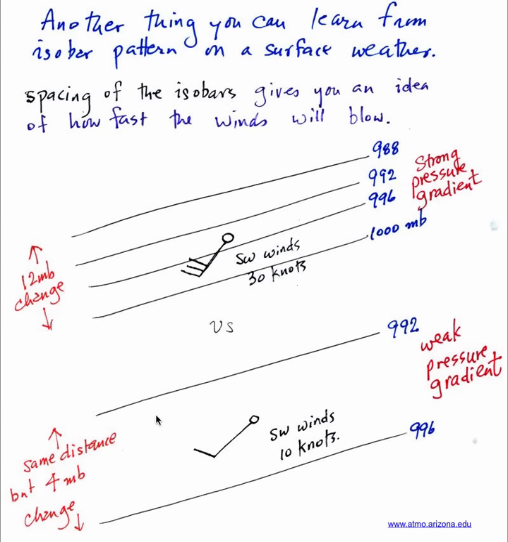If you spread it out over a longer distance, that's going to be a slower wind, or here we have a southwest wind of 10 knots. But if we were to have this many millibars change from 1,000 millibars down to 988 millibars, that's a much stronger pressure gradient. And as you can see here, they're showing it same direction, but 30 knots.